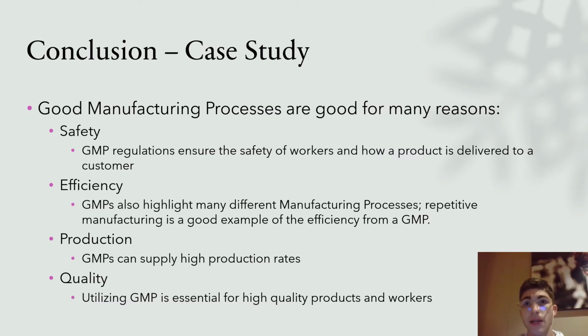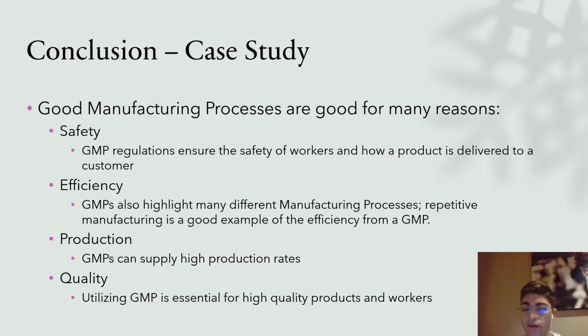GMPs are unique to each type of manufacturing process, and they highlight the specialty of each one. For example, repetitive manufacturing is good because it really shows the high rate of efficiency, but it also shows the high investment rate and the scale that it's on and how much product is being made, and with little variation.